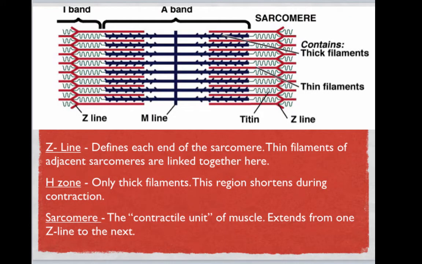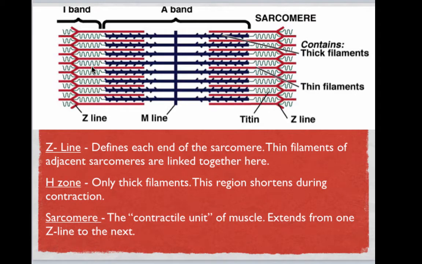Couple more vocab terms here. So again, remember that there's a Z line in the middle of every light band. Basically, the Z line defines the end of the sarcomere. So this is where one sarcomere ends and the next begins. The thin filaments, the actin filaments, are attached to the Z line.